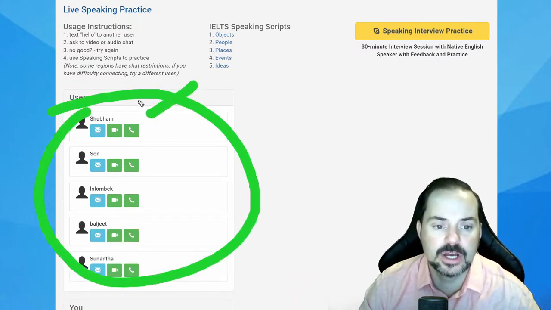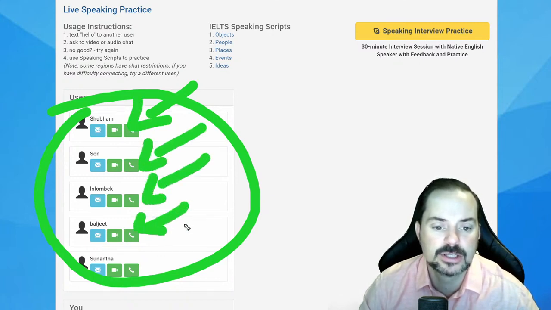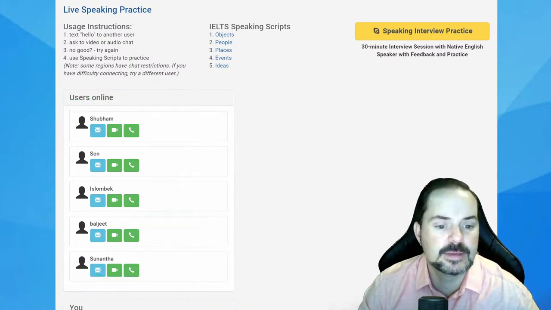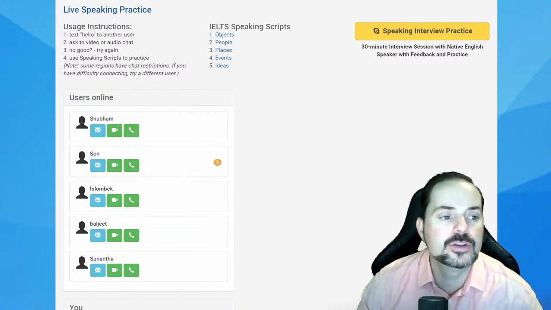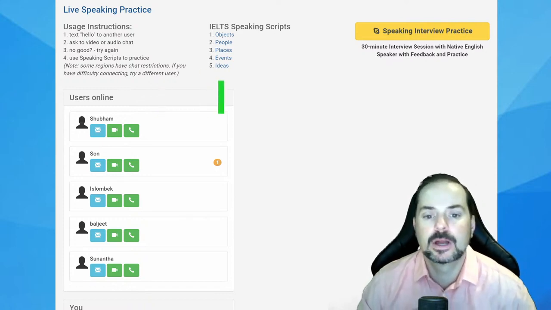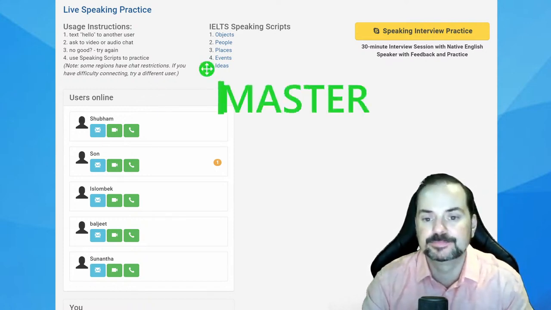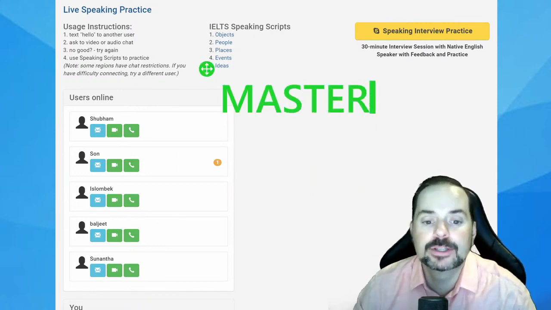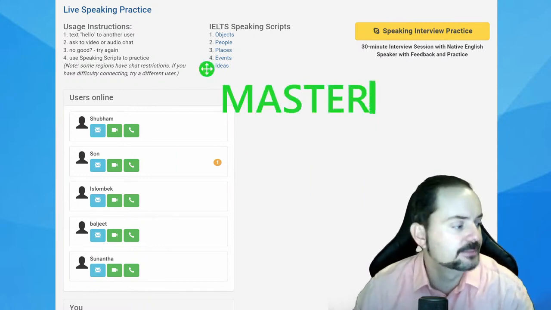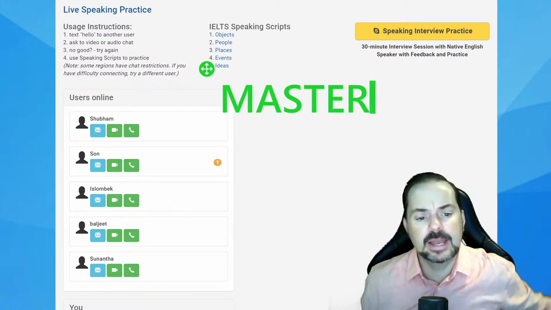And you'll see Shubham, Son, Islambek, Baljit, Sanantha. So you see people joining in to want to speak. And then you can send me a message to Master. Click the blue envelope and say, I want to volunteer, or I want to try. And we have Sun volunteering.